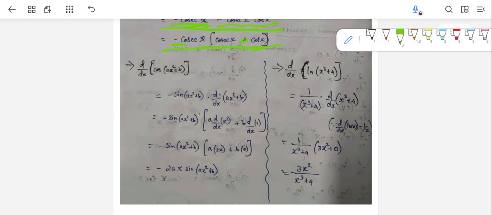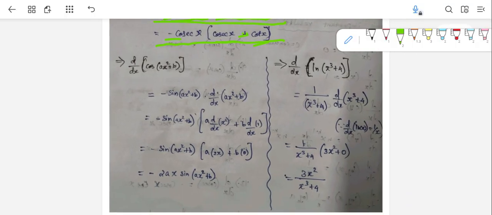I have told you, right, from that fourth formula you need to write the d by dx again. Why I told you, you will get it here. And another thing: on seeing this itself, some of you may panic. Sir told only for cos x, but here you see cos of ax square plus b.